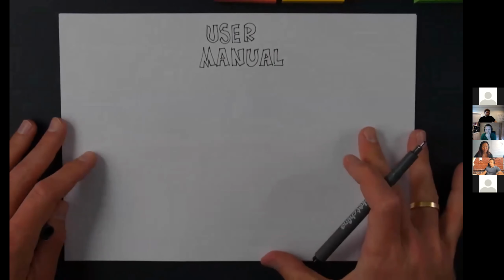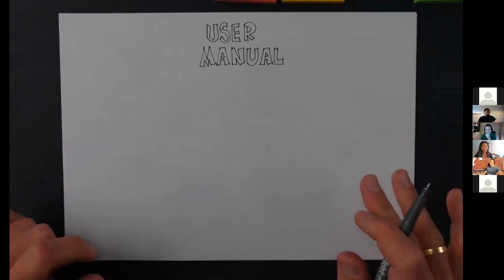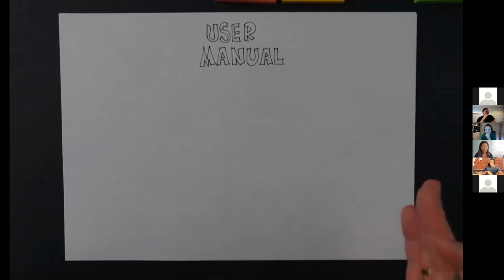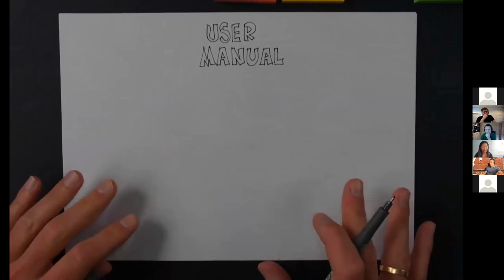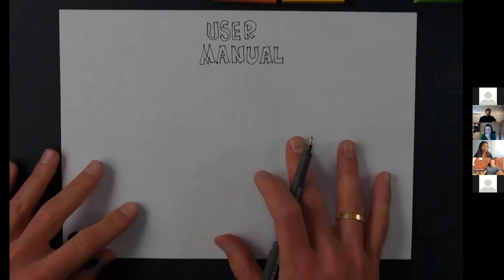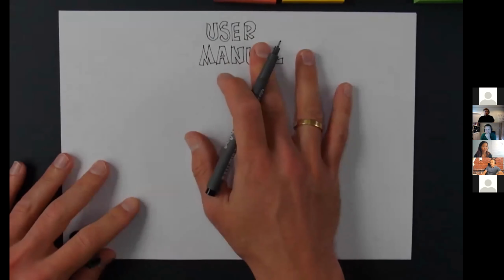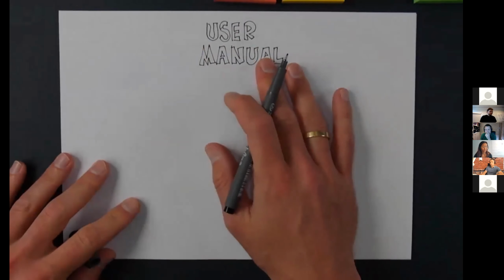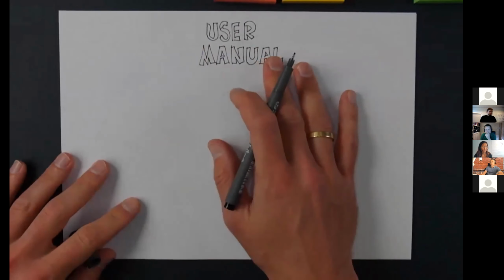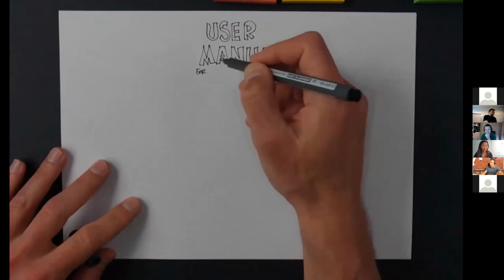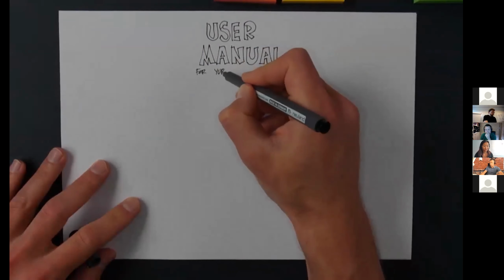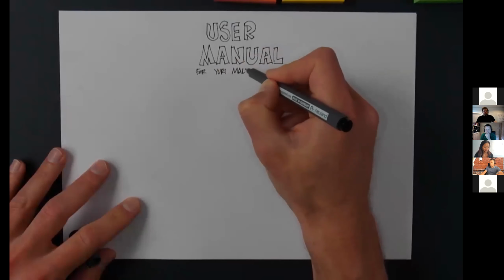And if you use a different paper format, the analog is called letter size. So letter size or A4 size. Put a title somewhere at the top, user manual, and put your name below. So user manual for Yuri Malishenko, because I'm going to create one for myself, and you will be creating one for yourself.